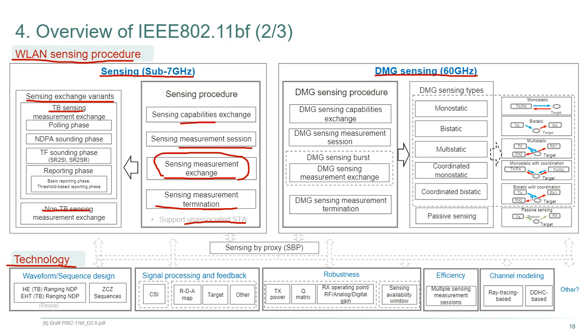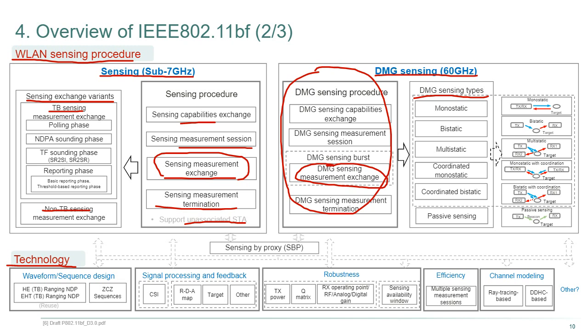And for the 60 gigahertz DMG sensing procedure, the basic procedure overall is similar to sub-7 gigahertz, but the DMG sensing measurement exchange itself is different. If we open to see the details, we have different DMG sensing types, for example, monostatic, bistatic, multistatic, and so on.